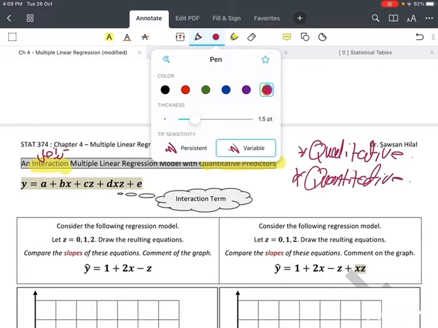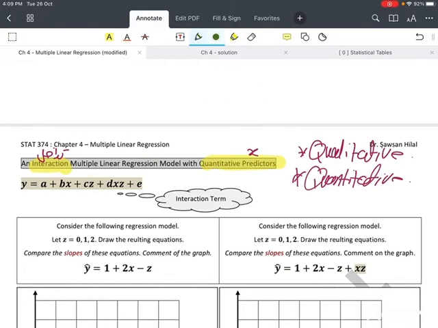If they are qualitative, that means they are words. But if they are quantitative, they are numbers. Okay, so quantitative will be numbers, qualitative will be words.